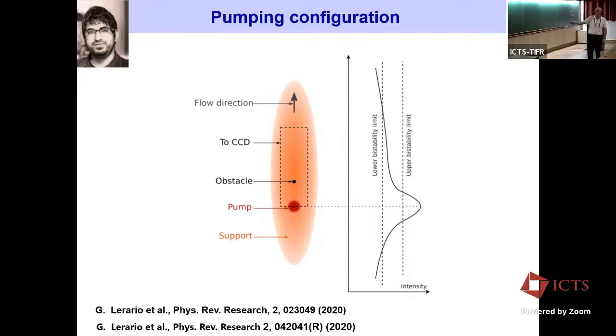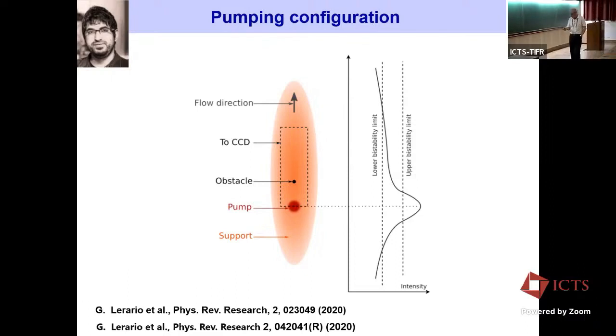This is interesting because in principle the only limit on the propagation distance of this topological excitation is given by the size of the spot, and is not linked to the polariton lifetime.